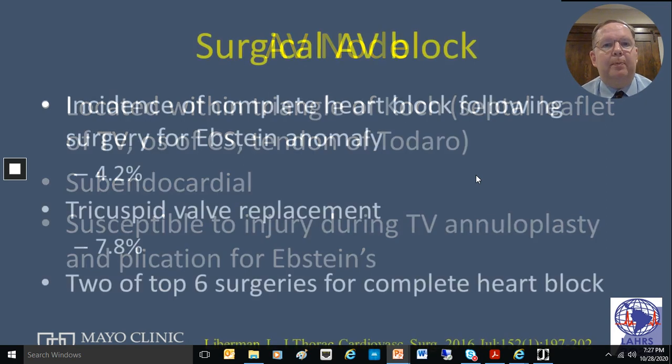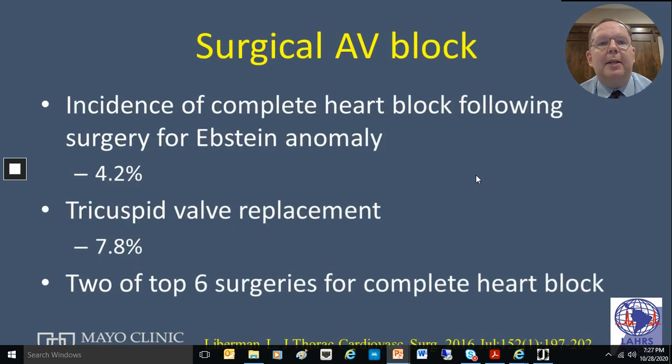If we look at the incidence of complete heart block following surgery for Ebstein's anomaly, it's 4.2%. And with the tricuspid valve replacement, it's almost 8%. So this is 2 of the top 6 surgeries for complete heart block in one study.